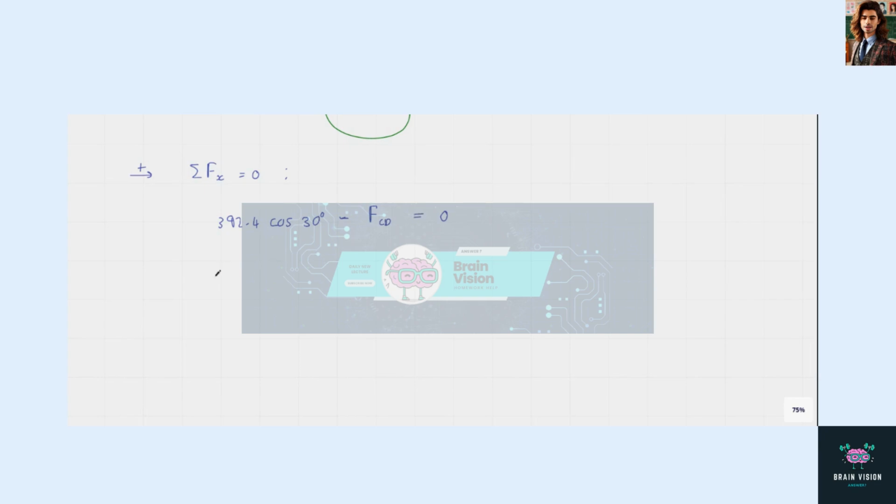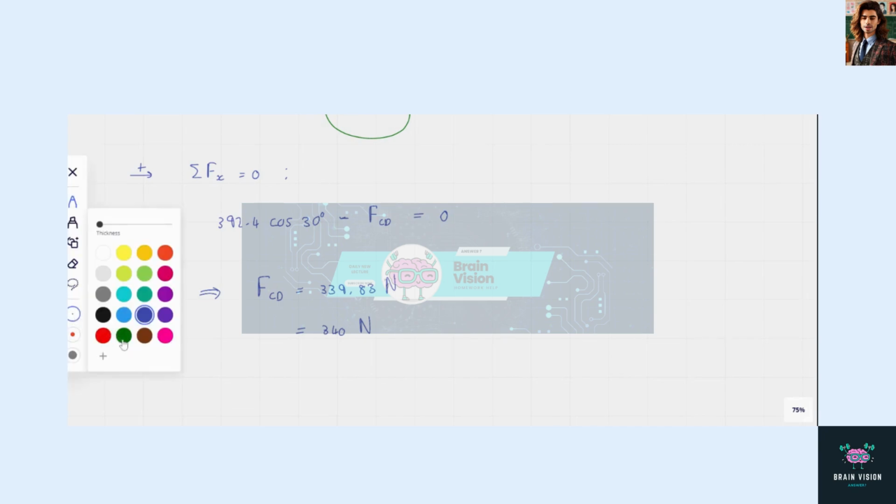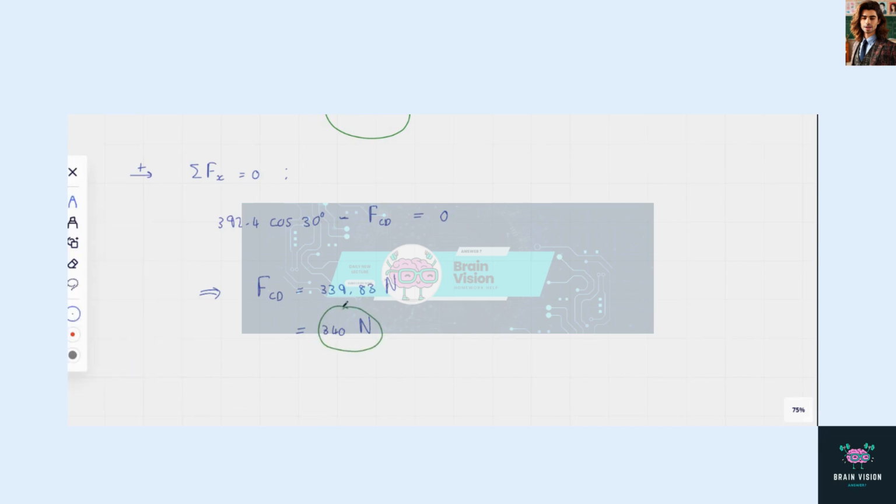That must equal 0, which means now we can find FCD immediately, and we get the tension FCD to be 339.83 newtons. Again, keeping our significant figures, this is 340 newtons. So we found the second tension as required.